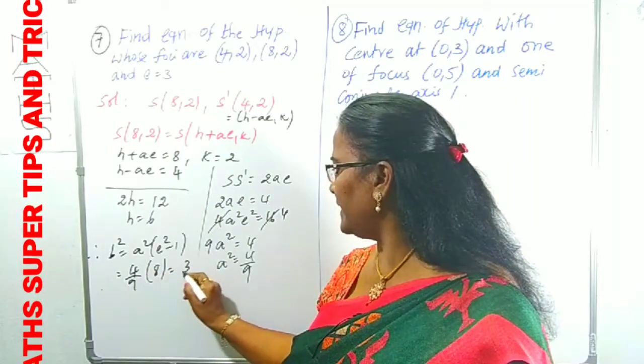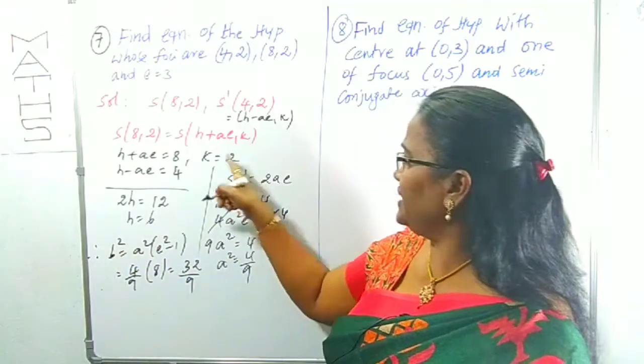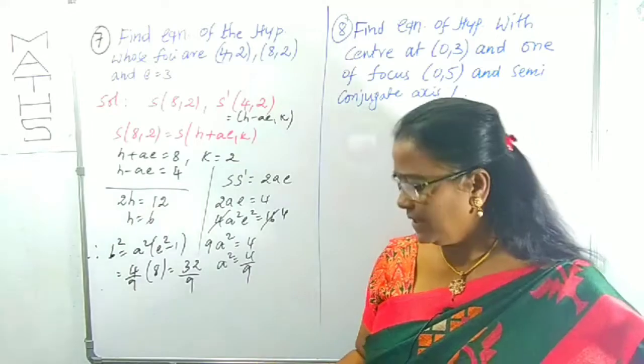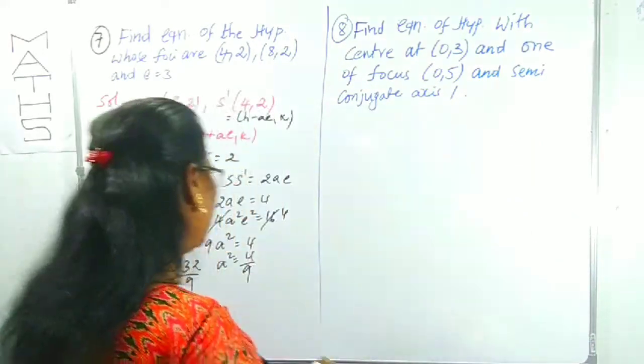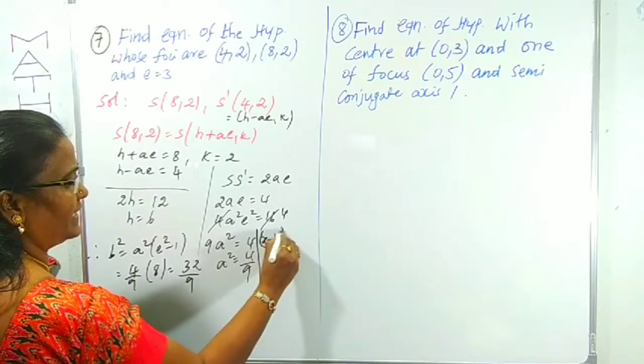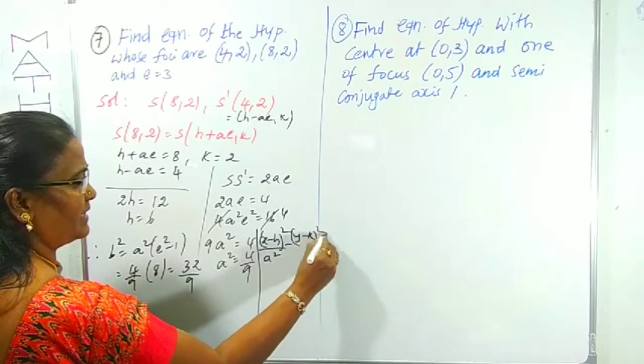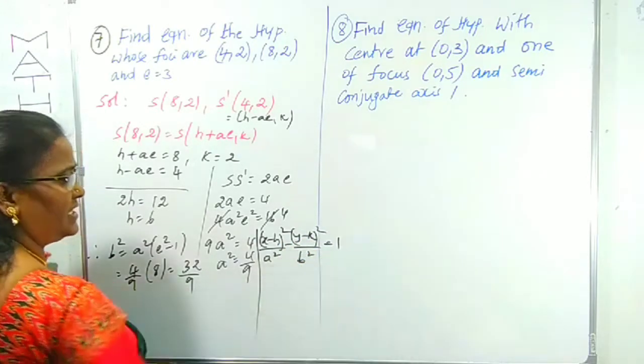That will be 32 by 9. You know a square, b square, and (h, k) values. What is the form of the hyperbola? It is clearly x minus h whole square by a square minus y minus k whole square by b square is equal to 1, right?